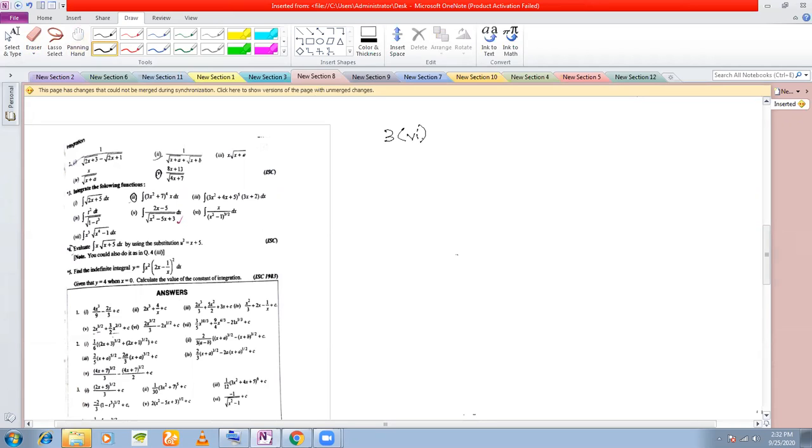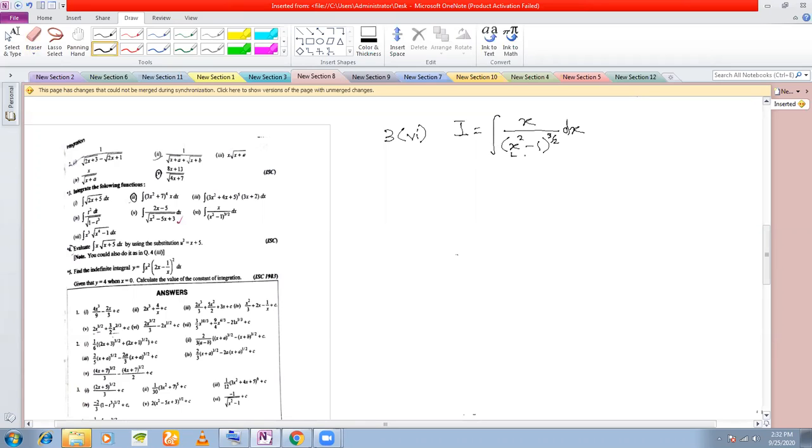3, 6. We assume I is equal to integration of x by (x square minus 1) to the power of 3 by 2 dx. Now you will have to say, in the numerator, what do you see? What is the degree of the numerator? 1.